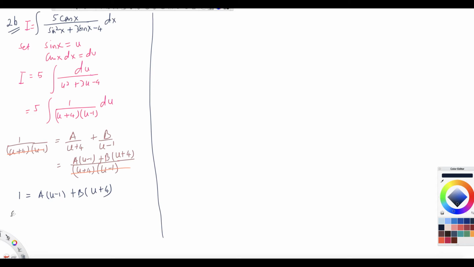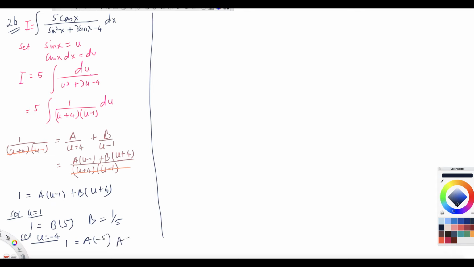So now we set u equals 1. What do you get? You get 1 equals, on the left side there is 1, that will be 0 if you set u equals 1, plus b times 5, right? So you get b equals 1/5. Similarly, the next thing is u equals negative 4, that's what makes it 0, right? So you get 1 equals a times negative 4 minus 1, which is negative 5.